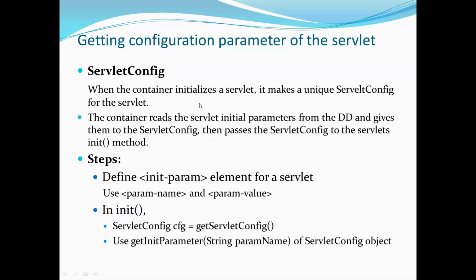When a container initializes a servlet, it makes a unique servlet config for that servlet, a unique servlet configuration. The container reads the servlet init parameters from the deployment descriptor and gives them to the servlet config, then passes the servlet config to the servlet's init method.